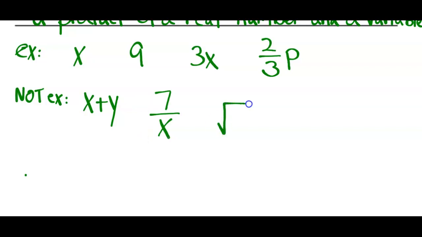And the radical of x, we'll talk more about radicals later, but the radical of x is not a real number, it's an estimated number, it's a decimal, and so therefore that is not a monomial.